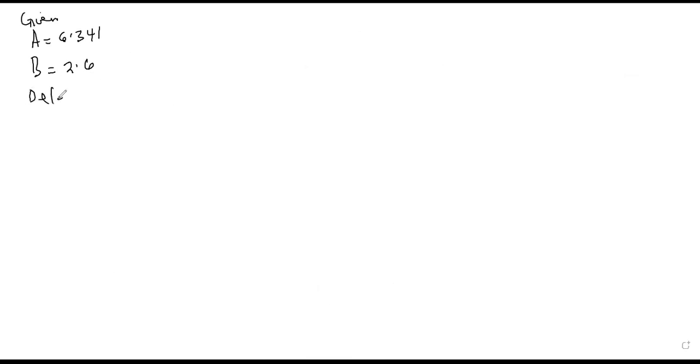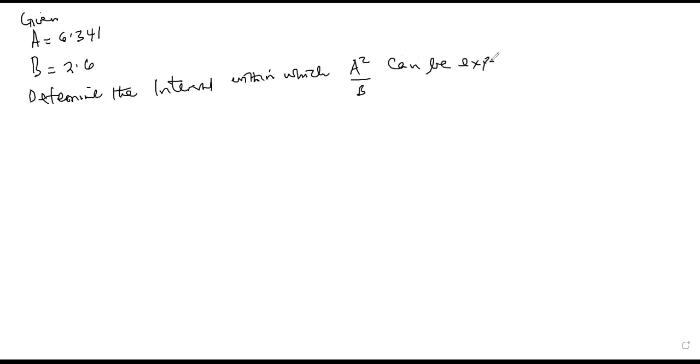Determine the interval within which a squared over b can be expected to lie. Record your answer to 3 decimal places.